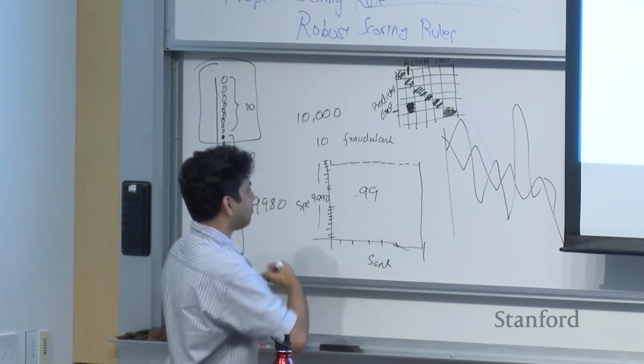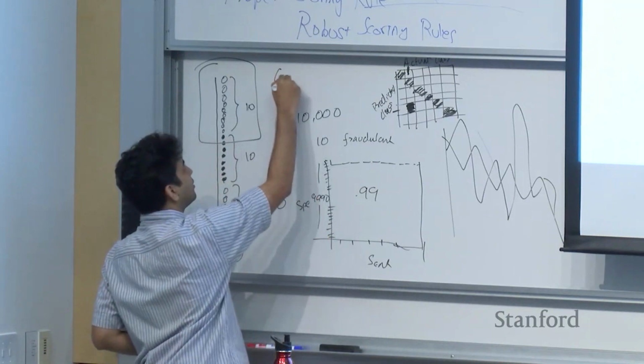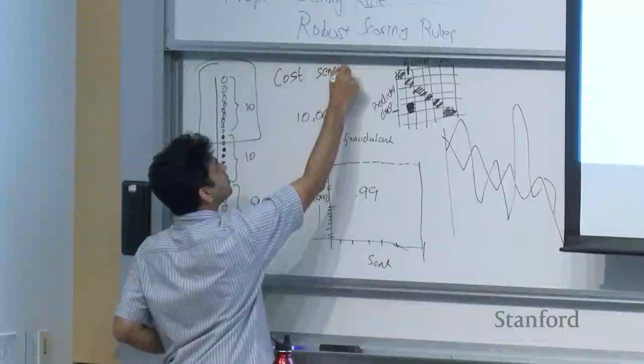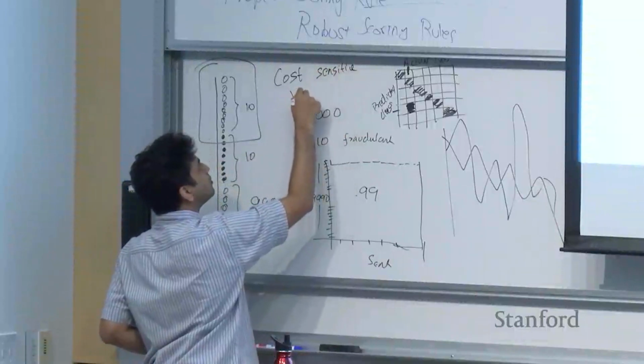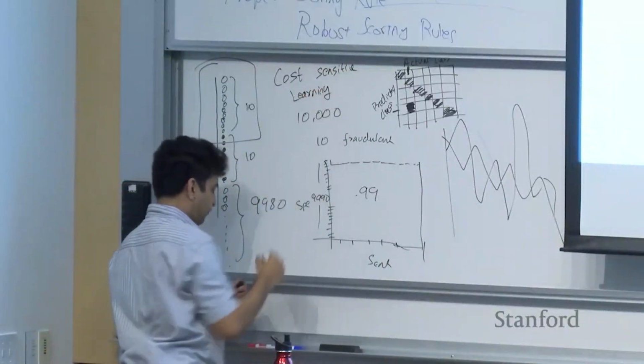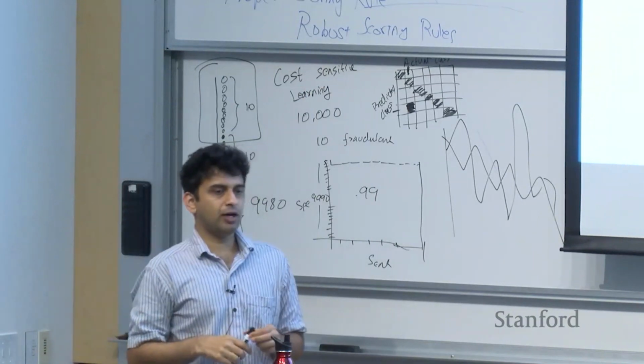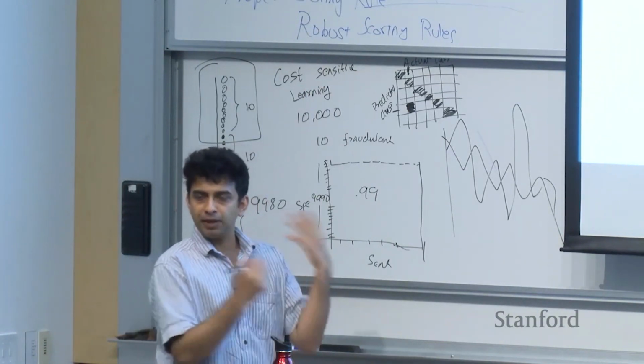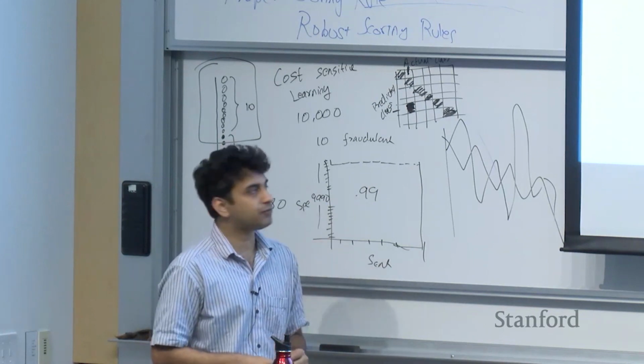So you can look up cost-sensitive learning for techniques to do that. Right? If the cost of a false positive is a lot more than the cost of a false negative, then you can incorporate that kind of prior information into your loss function.